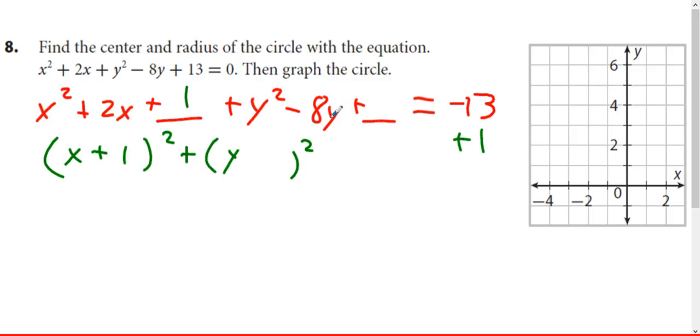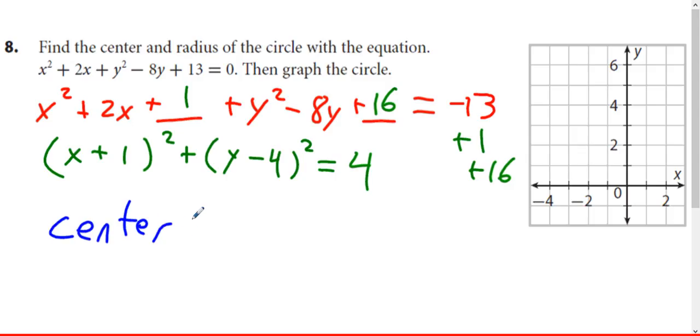-8 divided by 2, you get -4. Squared is 16. We add 16. And then our parentheses is the y minus 4 squared. Add up all of our numbers on the right side, that is 4. So the center, you change the signs, -1, +4.